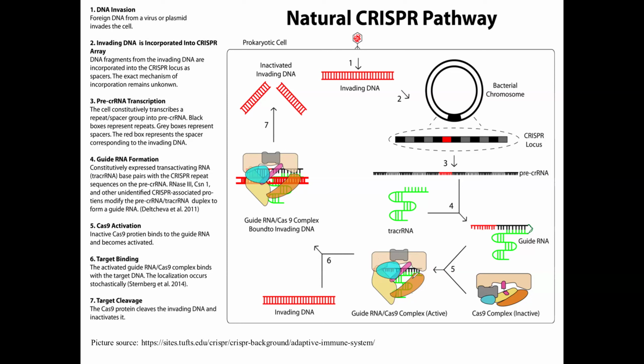And you can see this orange domain, that is called the PAM interacting domain. That is the one which binds. So the protein also has binding affinity to the target DNA, any genomic DNA, because the protein has to first cling to the DNA.